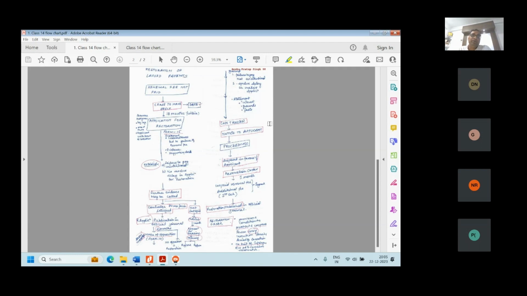Once you have paid it, the restoration will be published in the official journal, along with the restoration order. What is a restoration order? In the restoration order, the controller can write certain terms. What are the terms? The moment a patent stops having effect, anyone can start using that patent.